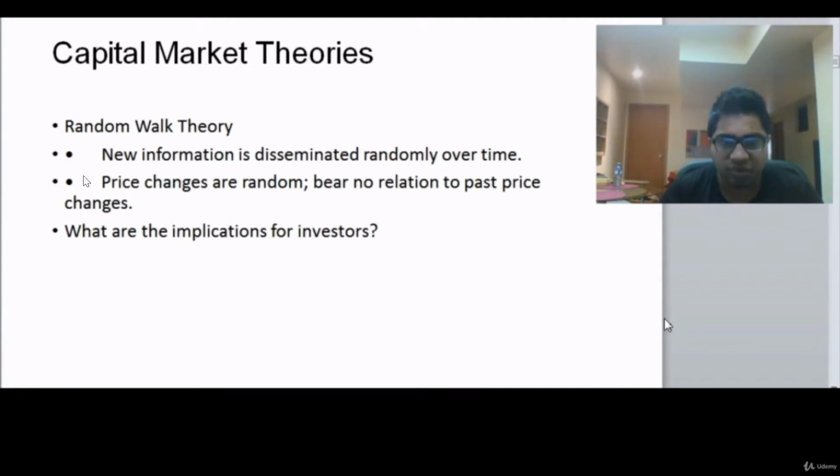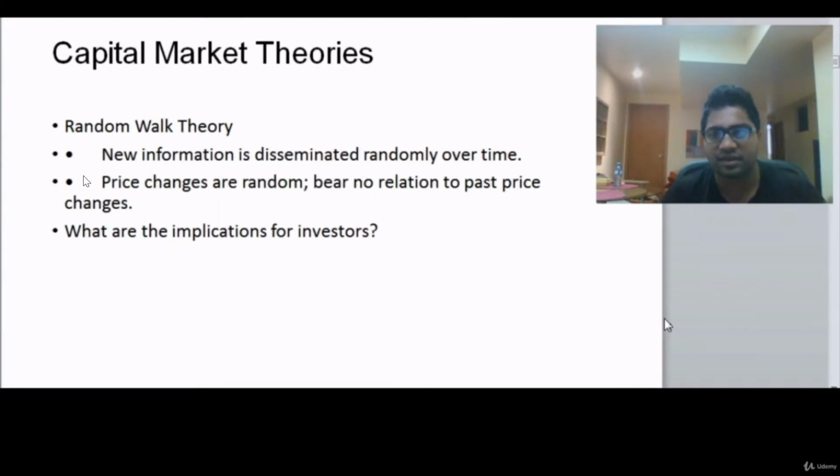So new information is disseminated randomly over time. Price changes are random and they bear no relation to past price changes. So it means at any given point of time, stocks do not move in trends. Past price doesn't indicate where the stock will move.